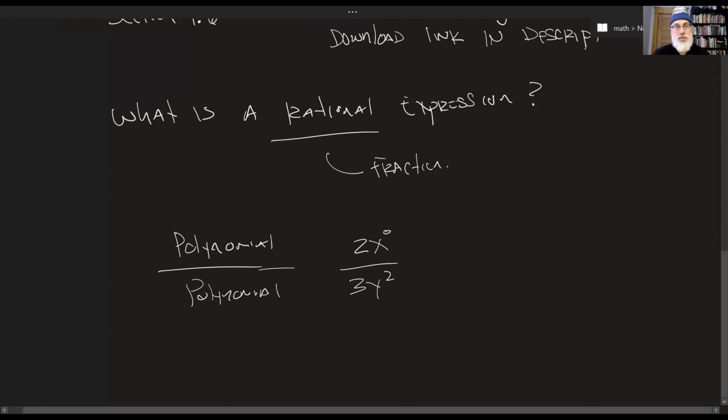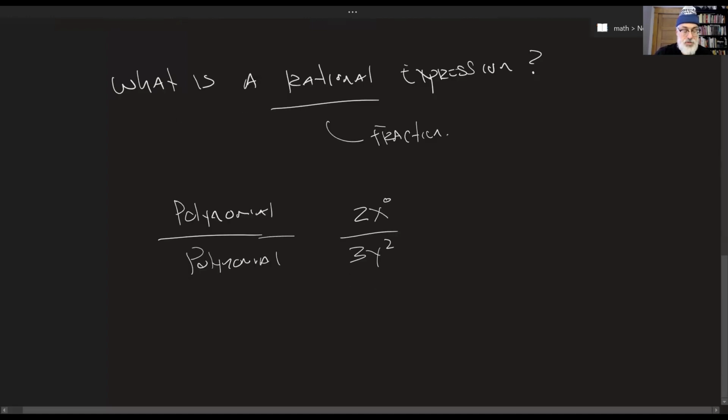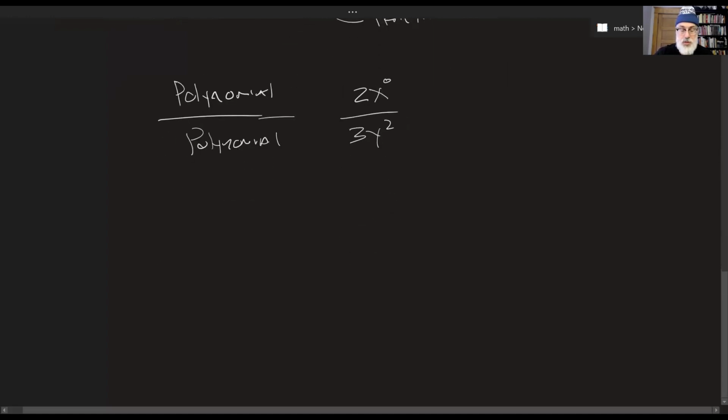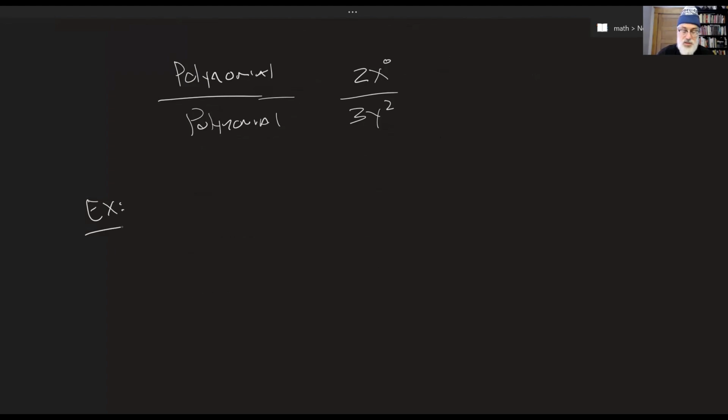There's a polynomial on top and a polynomial on the bottom. Students generally do not like fractions of any kind. So this is always a good review area for college algebra students. Even if you're in the course and you're doing well and you need some help with the rational expressions, this would be a good video to look at.